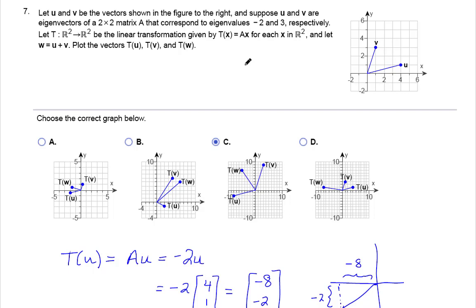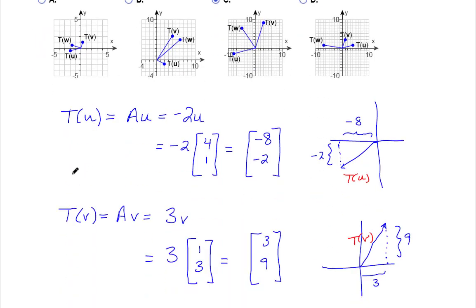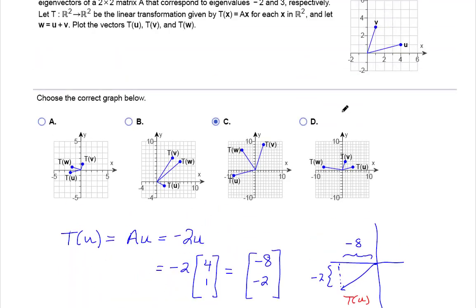What do I know? T of u is A times u, but since u is an eigenvector, it's -2u. u is (4, 1). Where did I get that? Well, I just got that from the picture itself.